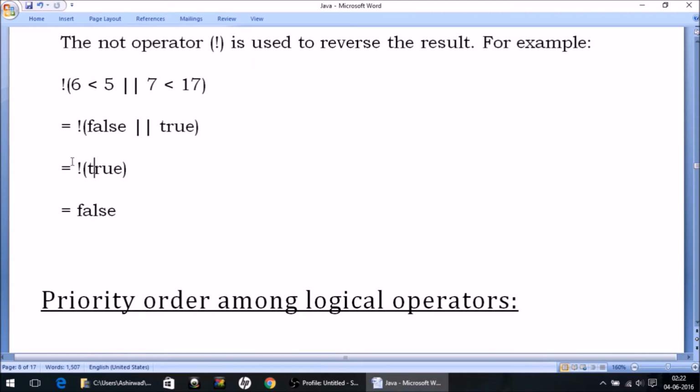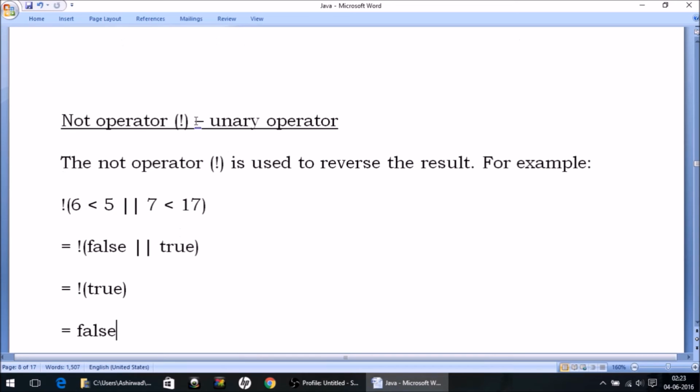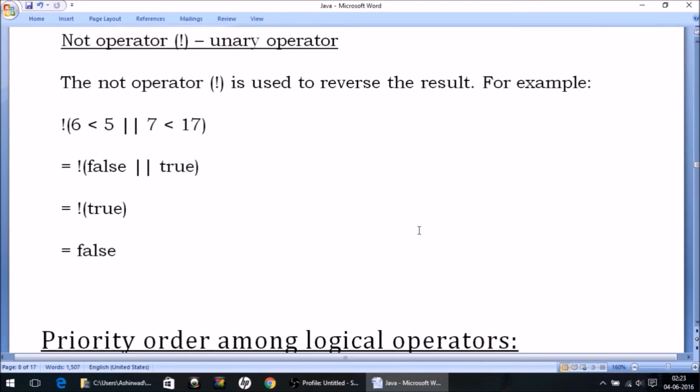Now the NOT operator will function on this one operand that we got here. It will simply be reversed. So not true will be false. Had it been not false, the answer would have been true. Okay, so this is how the NOT operator functions.